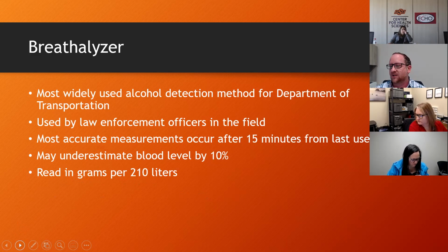You have a device that can be used in the field to detect a level of alcohol. It takes about 15 minutes from the last drink to get really accurate readings from the breathalyzer, and it will underestimate the blood levels by about 10%. So it's not quite as good at giving you the exact values of blood alcohol level.